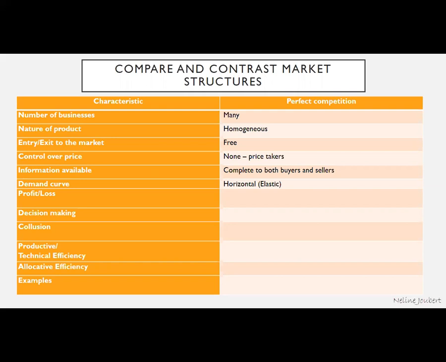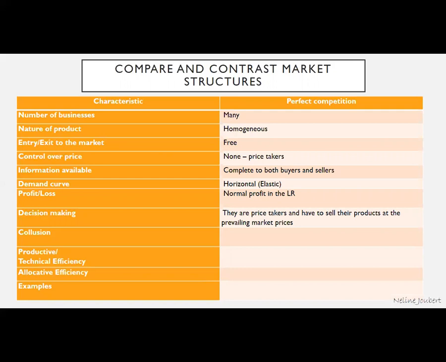Your demand curve is horizontal or perfectly elastic. That means the business can continue to sell any quantity of its product as long as it charges the market price. Usually, these businesses make a normal profit in the long run. That is the long run equilibrium, a normal profit.